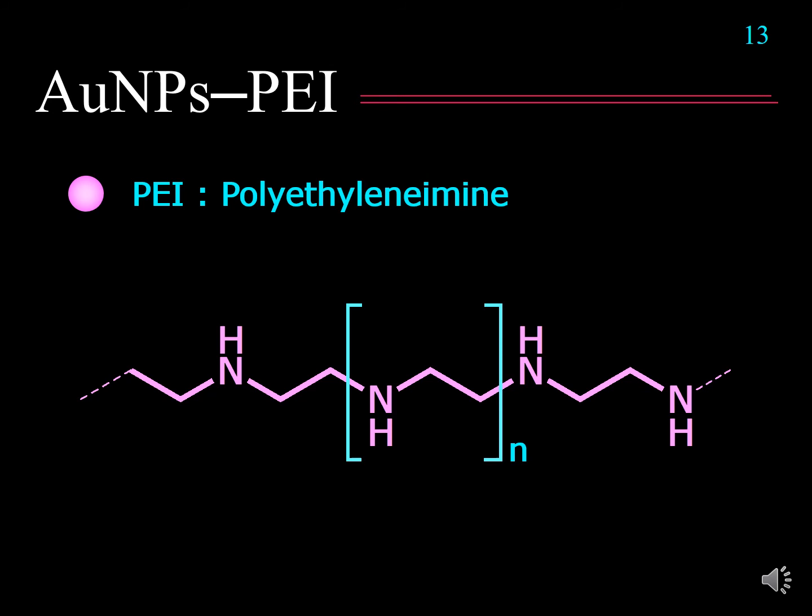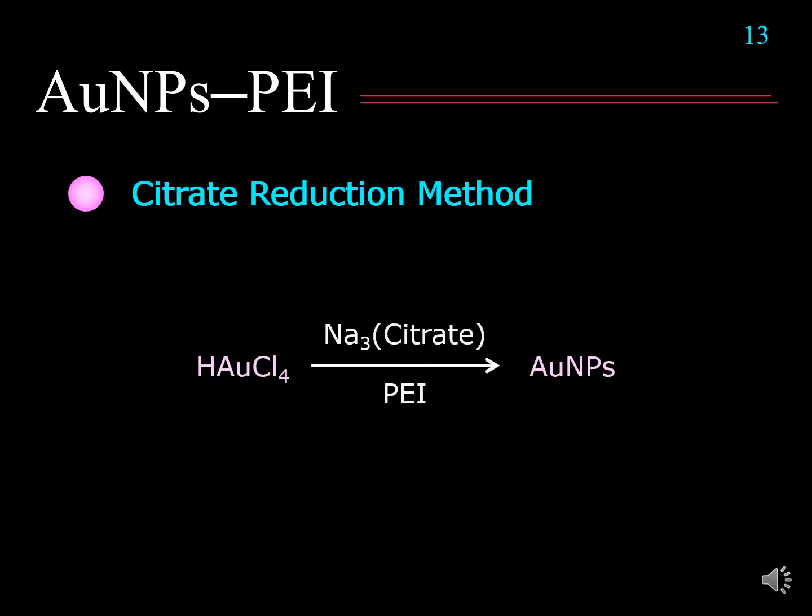So how can we prepare the gold with the antibody on top of it? There are so many ways to do surface modification of gold. One thing that we can do is, instead of using citrate as a stabilizer, use PEI, or polyethylene imine, as a stabilizer. This is a polymer, right, with full of nitrogen atoms on the long polymer chain.